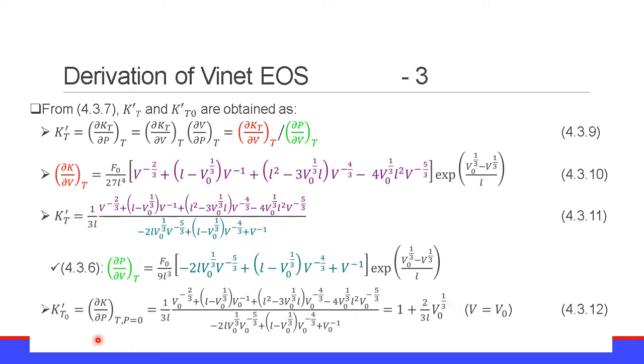Then we substitute V equal V0. We have KT0 prime equal to 1 plus 2 over 3L times 1 over V0 to the power of 1/3. Equation 4.3.12.